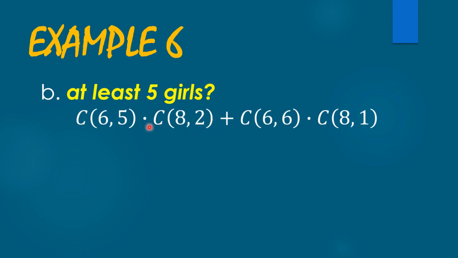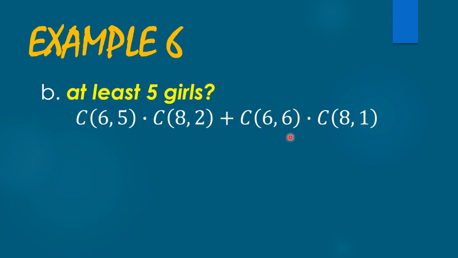So we have times the combination of 8 boys taken 2 at a time, plus if we use 6 girls out of 6 multiplied by only 1 boy out of 8 boys. Again, if we need to select 5 girls, there are only 2 boys to be selected.